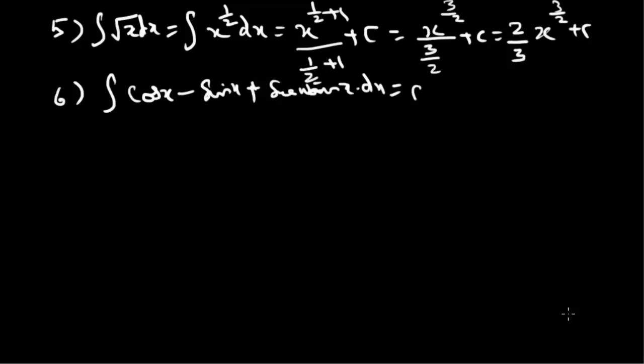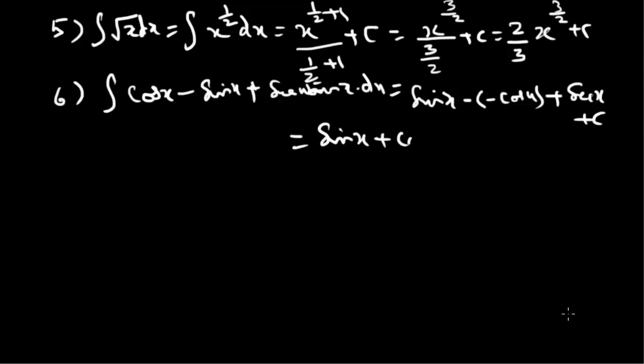Sin x. Minus, integration of sin x is minus cos x. Integration of secant x into tan x is what? Secant x plus c. Or the same thing is written as sin x plus cos x plus secant x plus c.